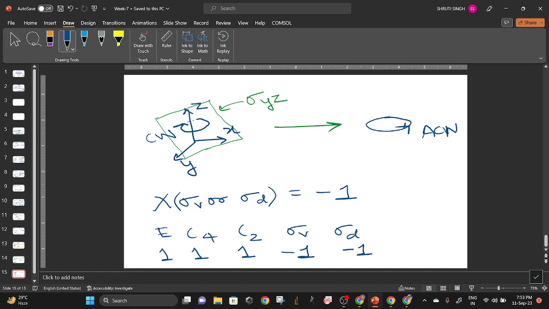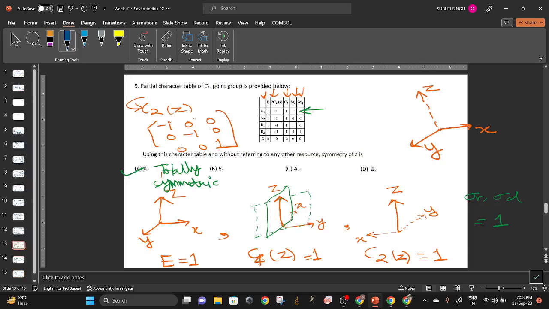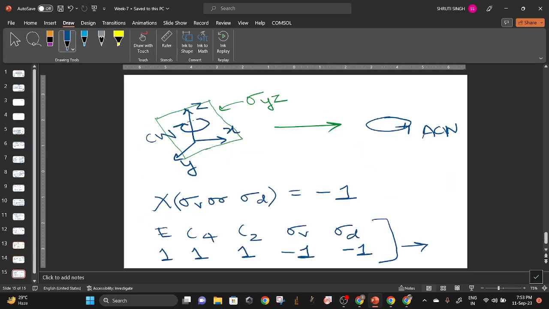For the Z-axis, it was all 1, totally symmetric. But in this case, with respect to planes, it is anti-symmetric. So what is this representation? Let's see in the character table. This is the second representation, 1, 1, 1, -1, -1, which is A2. So the rotation along the Z-axis, Rz, belongs to the A2 irreducible representation.